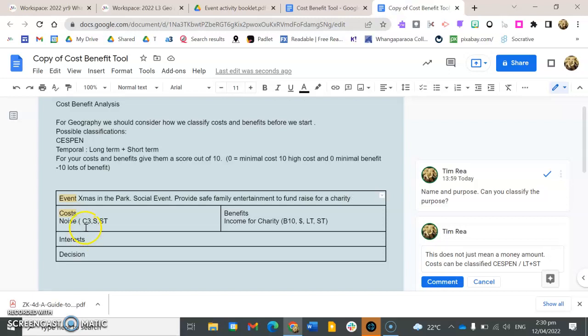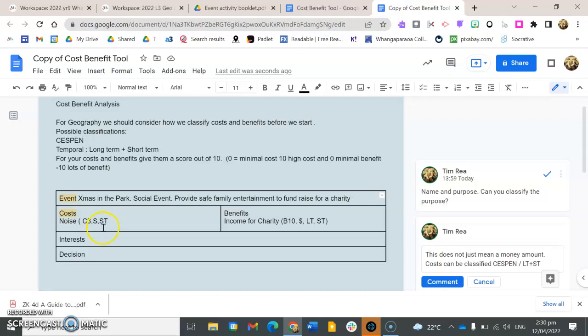So I've given that a score of 3 because whilst it's a cost, what we know from the Resource Management Act is that all sound has to stop at 10 past 10 or something like that, okay? So I've then classified that cost with S, which is social. So that is a low-ranking social cost.